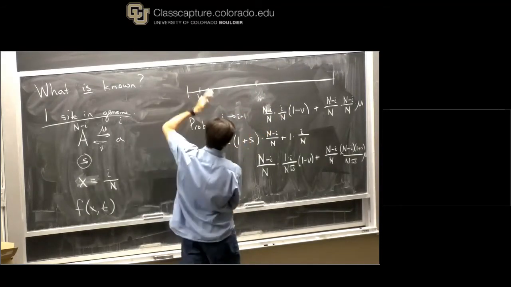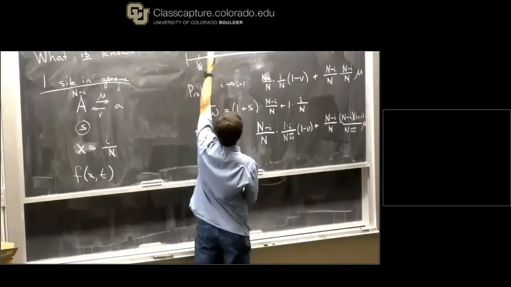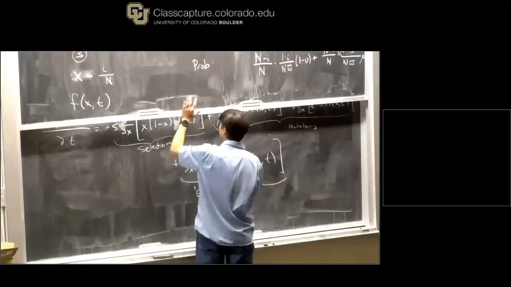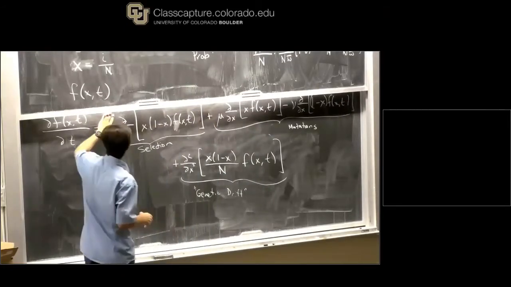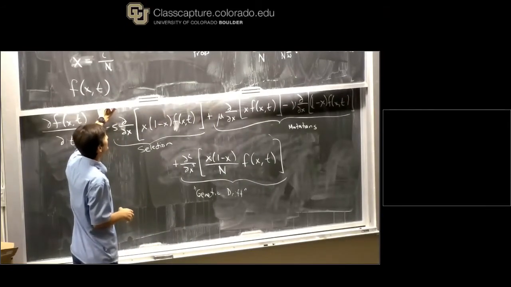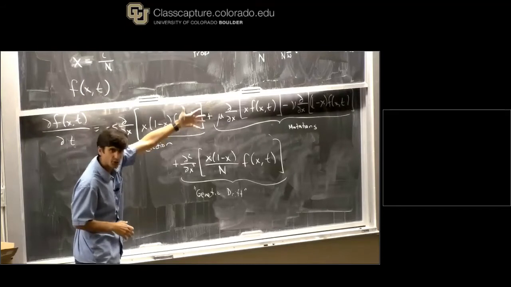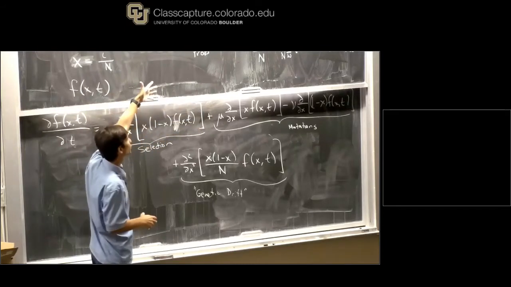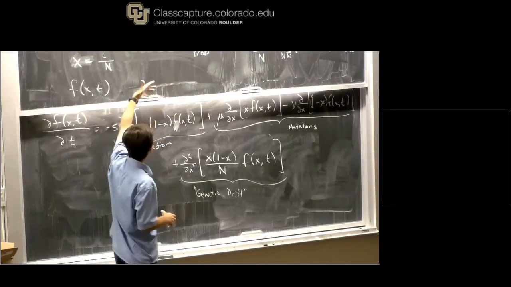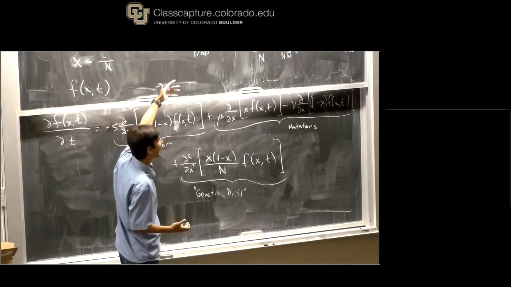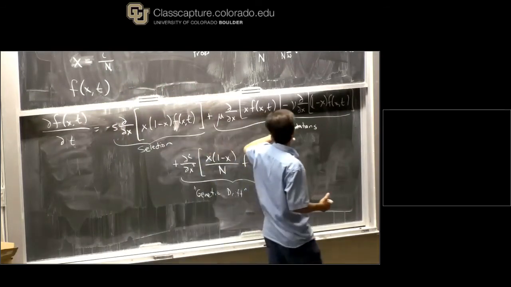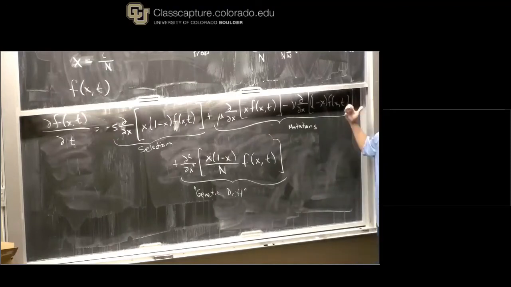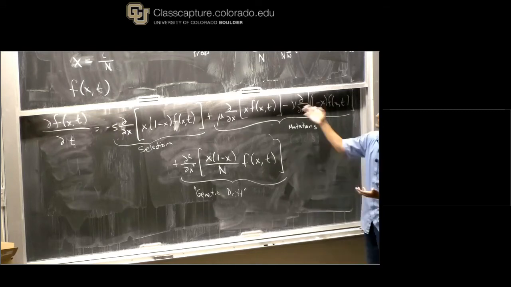You can intuitively figure out what's going to happen. Then, of course, selection is going to act to move this whole distribution in some directional way, towards the allele of higher fitness. And mutations are going to push in from the boundaries, and that's what these terms are doing.